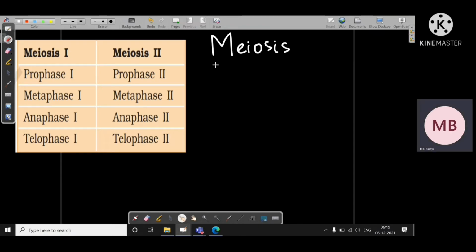The next type of cell division is called meiosis. Now it differs from mitosis in that meiosis is called reduction division.